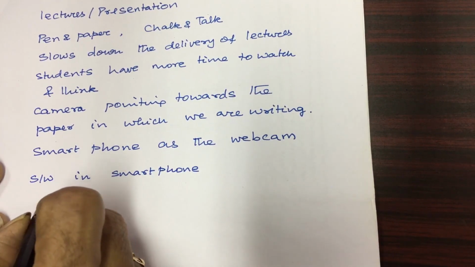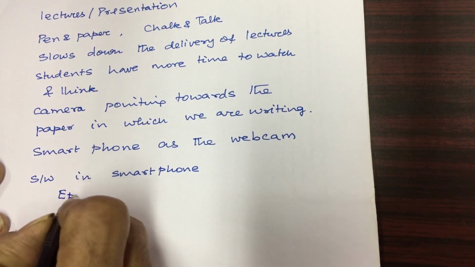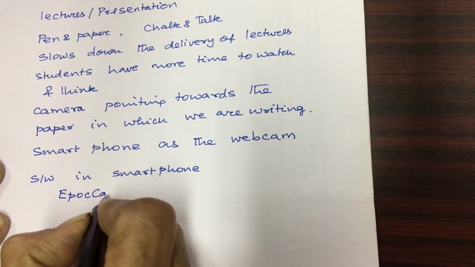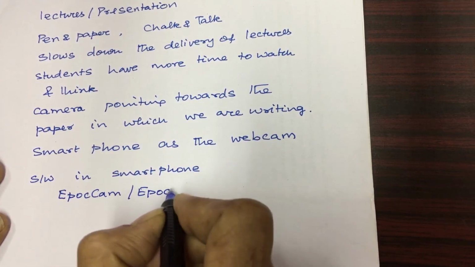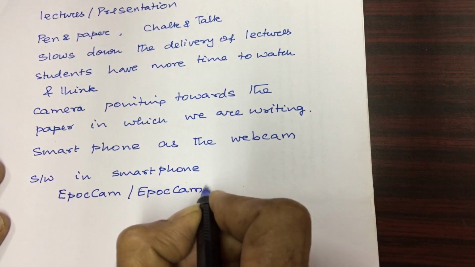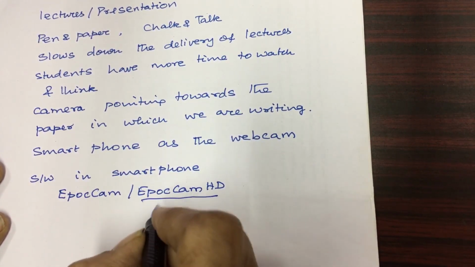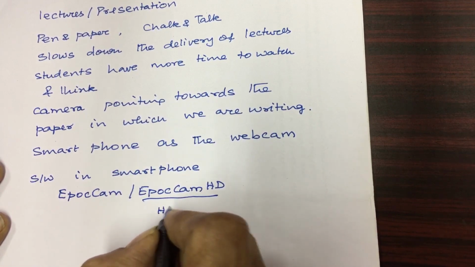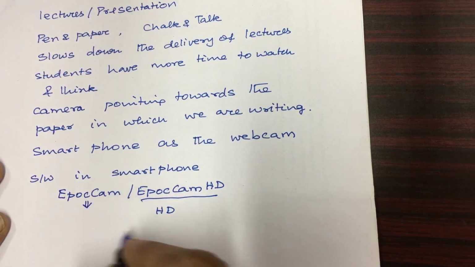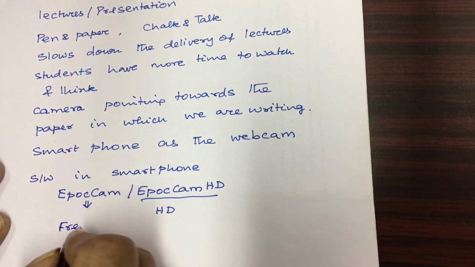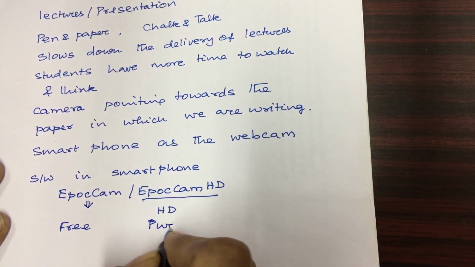The software that needs to be installed is EpochCam or EpochCam HD. As the name suggests, this is high definition, whereas this is low definition. And another thing is, this is free, whereas this is priced.